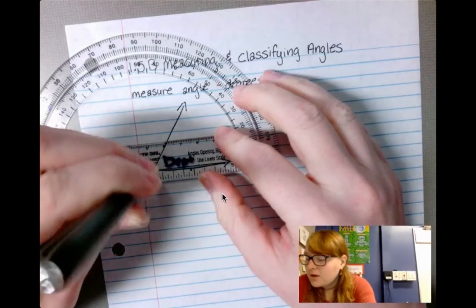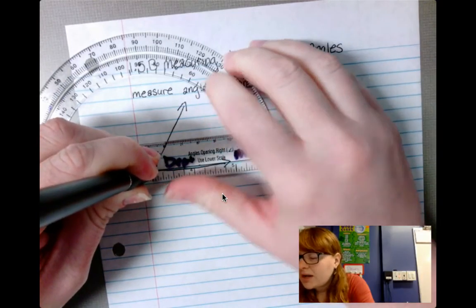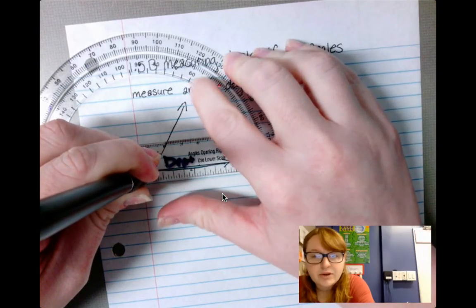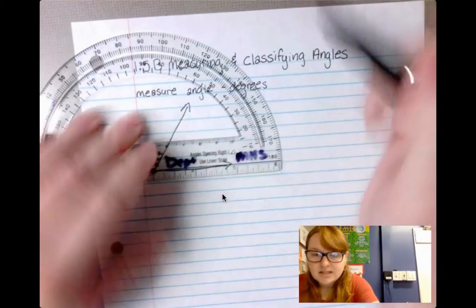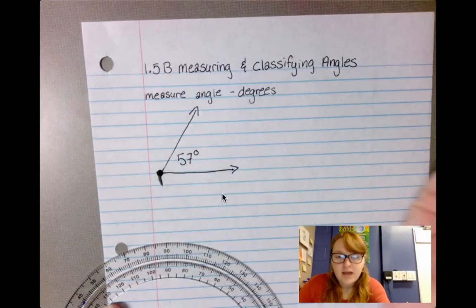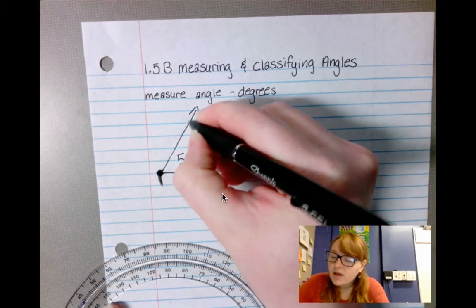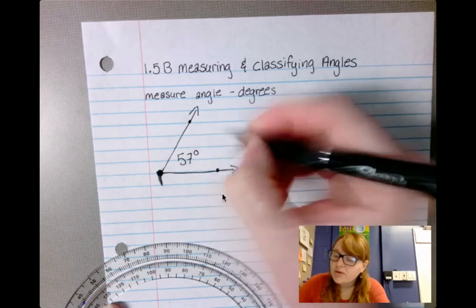So if we look, it looks like it is pointing between 55 and 60 degrees. So I'm just going to take a guess and say it's at 57 degrees. So that's what this little symbol means. It's degrees.